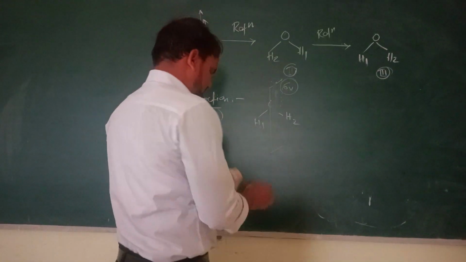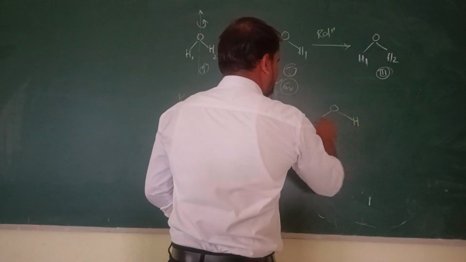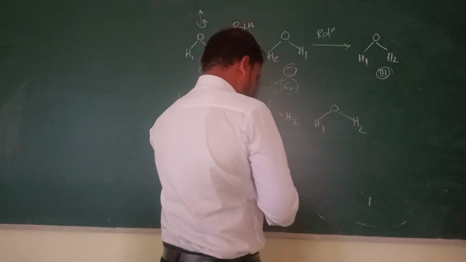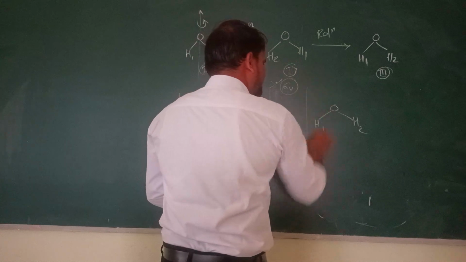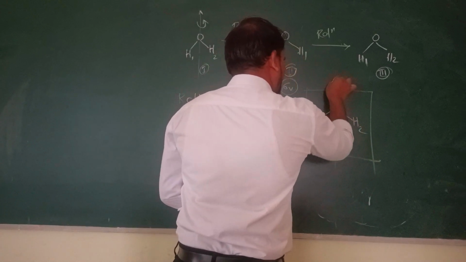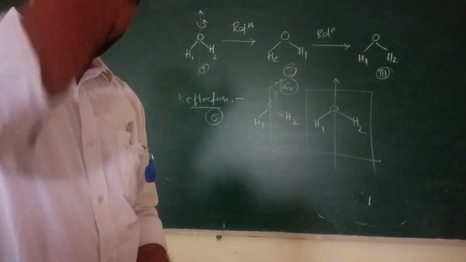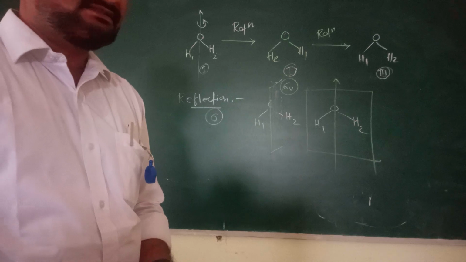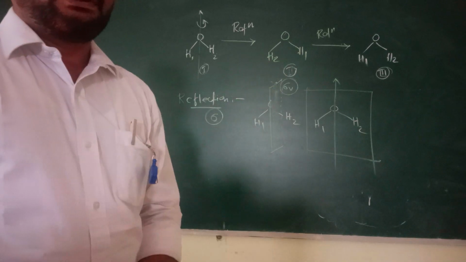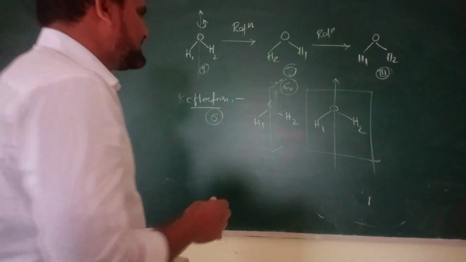Now the second one, which is also possible here: look at this H1 and H2, and I am going to pass the plane through this. Now what type of plane is this? The plane which is passing through all the atoms of the molecule. Again it is parallel with the principal axis. Which is the principal axis?